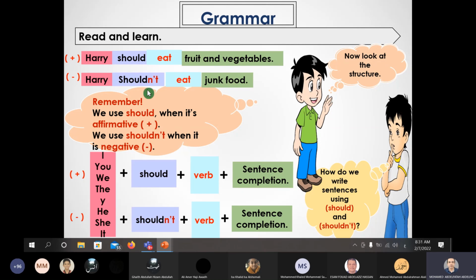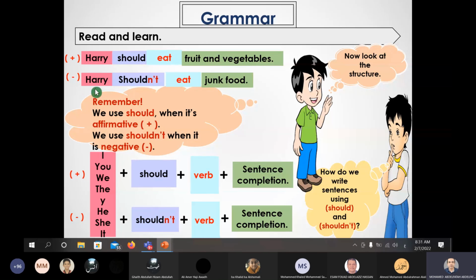On the other side, shouldn't is used for negative sentences. When you do something, this is positive, and when you don't do it, this is negative. Positive sentence: Harry should eat fruits and vegetables. This is advice.